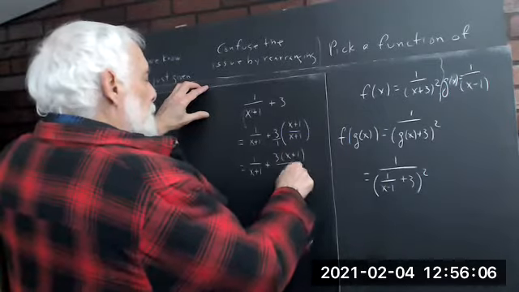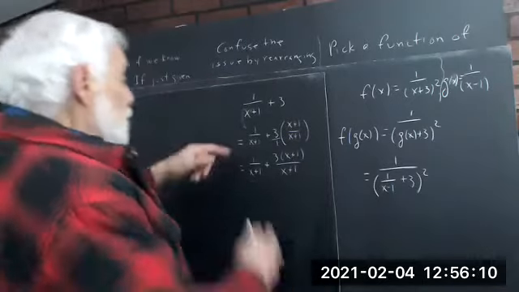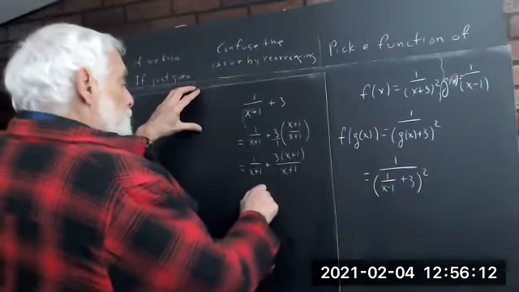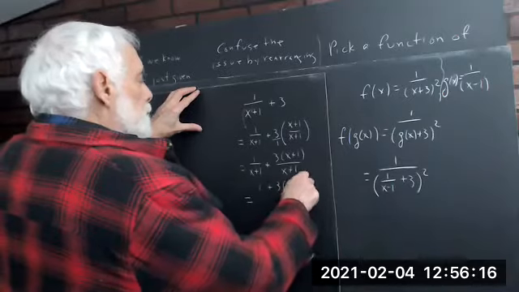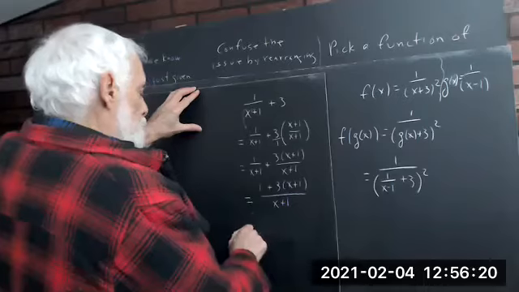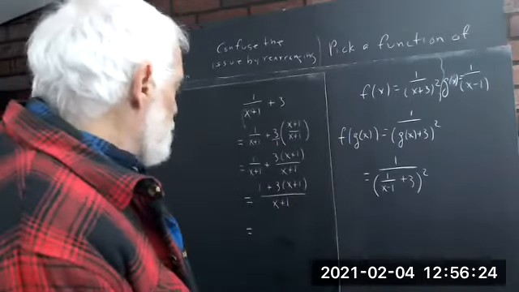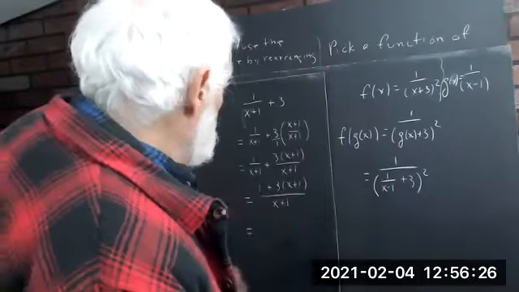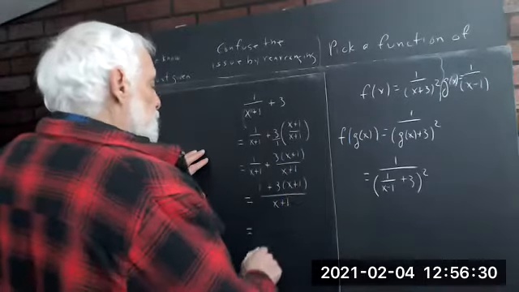over x plus 1. Now, since we have the same denominator, we can add the numerators. Gives us 1 plus 3 times the quantity x plus 1 over x plus 1. And this equals, well, the numerator simplifies, 3 times the quantity x plus 1.